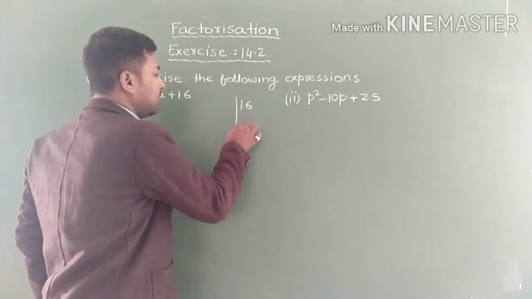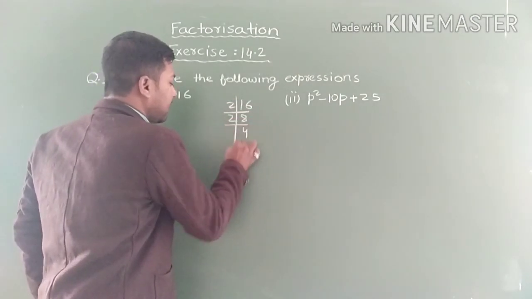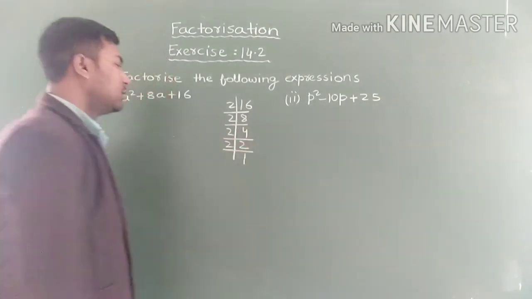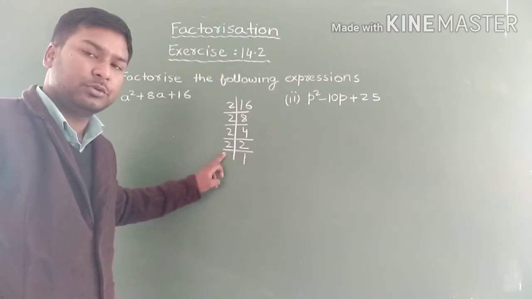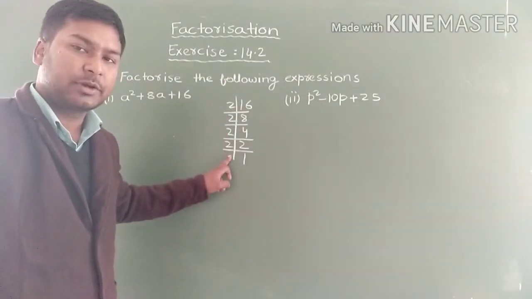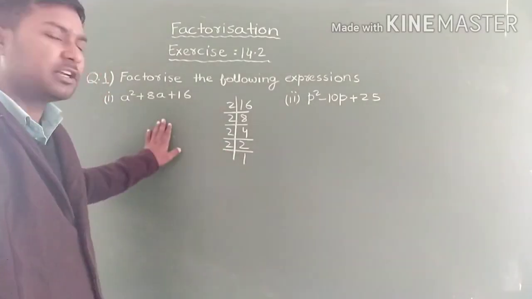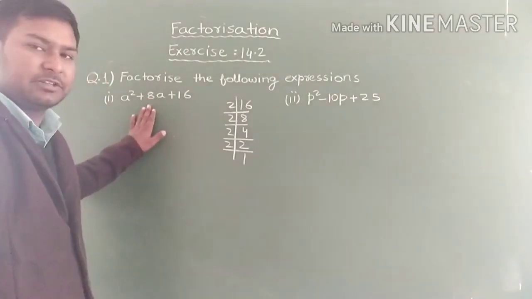Factors of 16 will be 8, 4, 2 and 1. So factor of 16 will be 2 into 2 into 2 into 2, 4 times 2. Here we have to choose two numbers. On multiplication it will be 16, on addition or subtraction it will be 8.